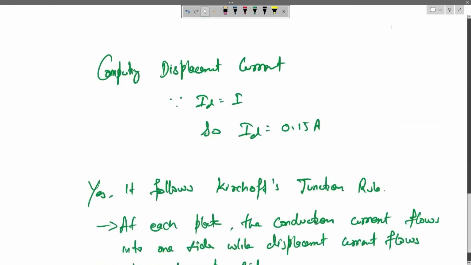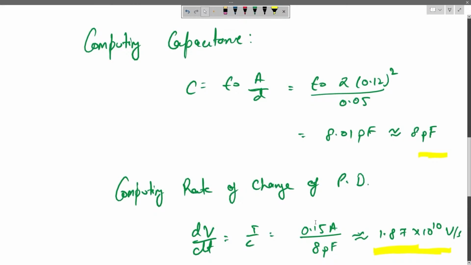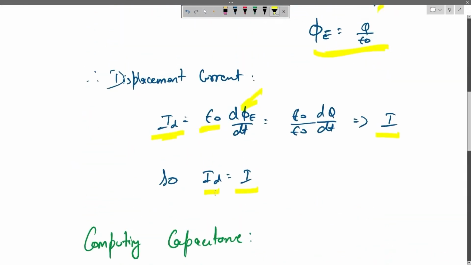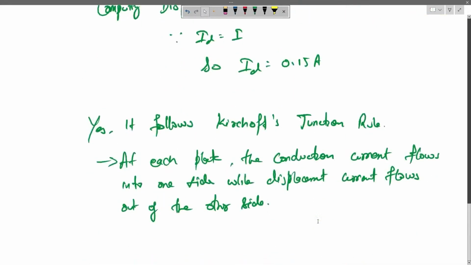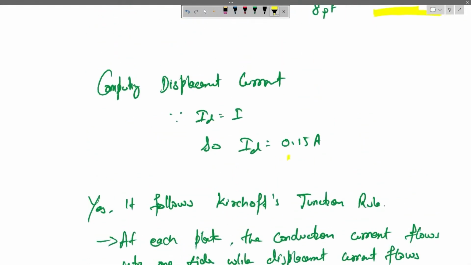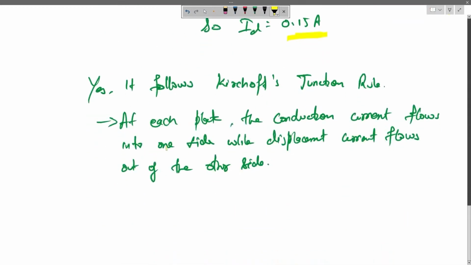Now computing displacement current, we already saw from this derivation that displacement current is equal to conduction current. So displacement current is equal to 0.15 ampere. Now it follows Kirchhoff's junction rule, as at each plate the conduction current flows in on one side while the displacement current flows out of the other side.